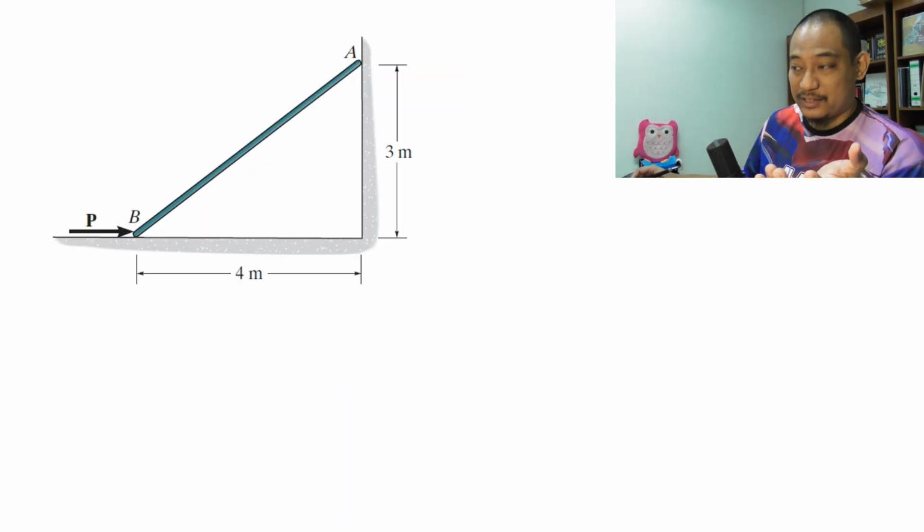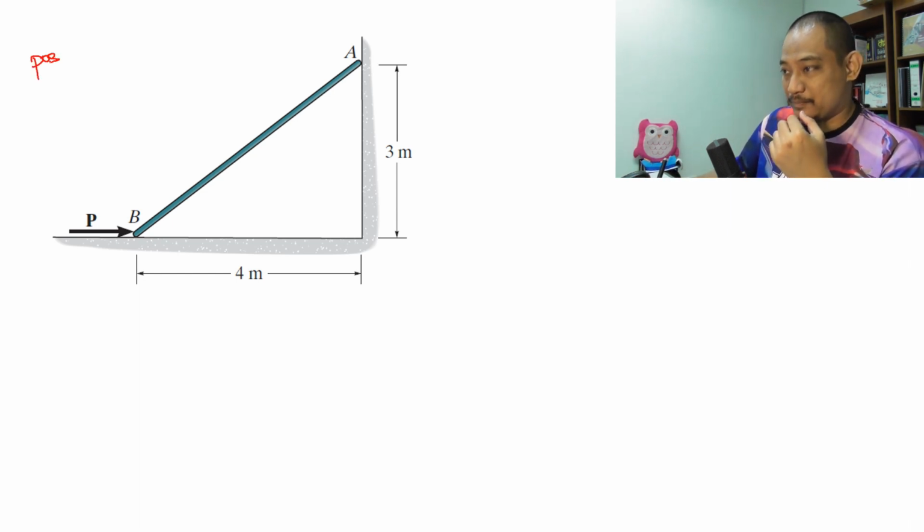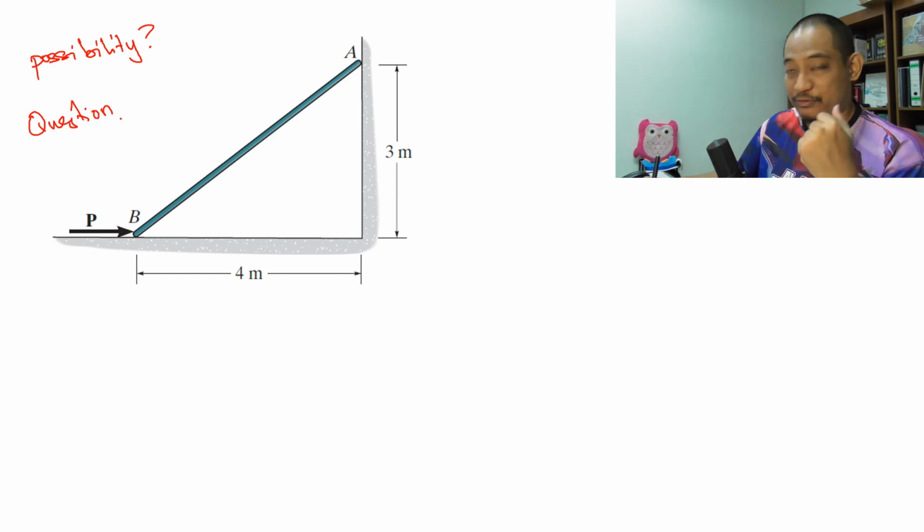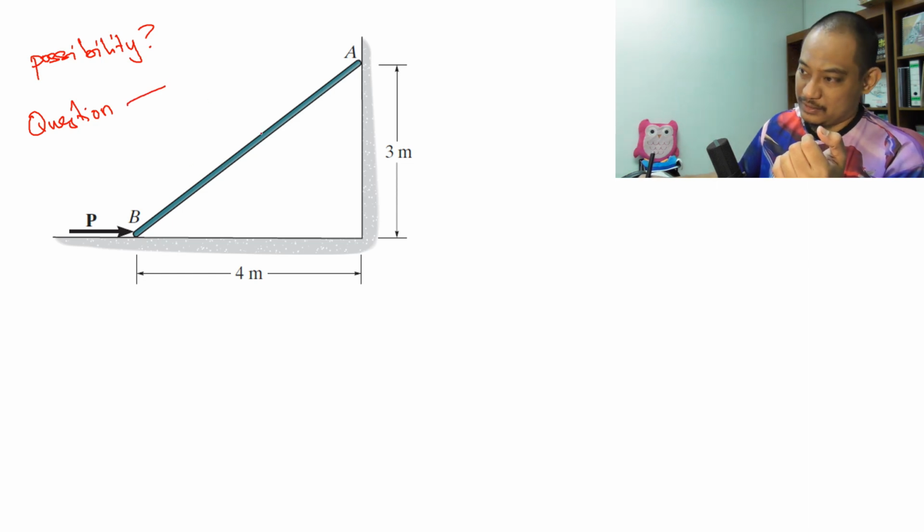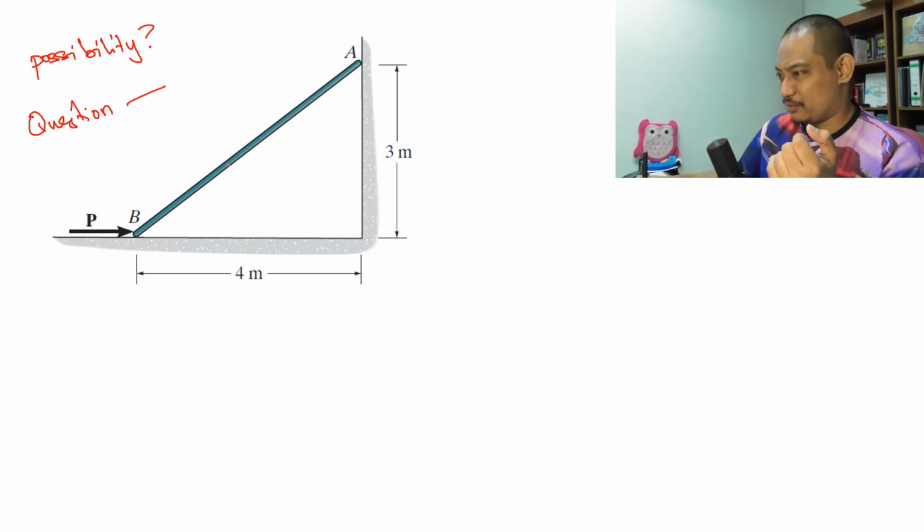This is another example of a friction problem. And here, is there any possibility, or sometimes the question is giving different situations, different circumstances. For example, in this case, let's call this a beam or rod or something.